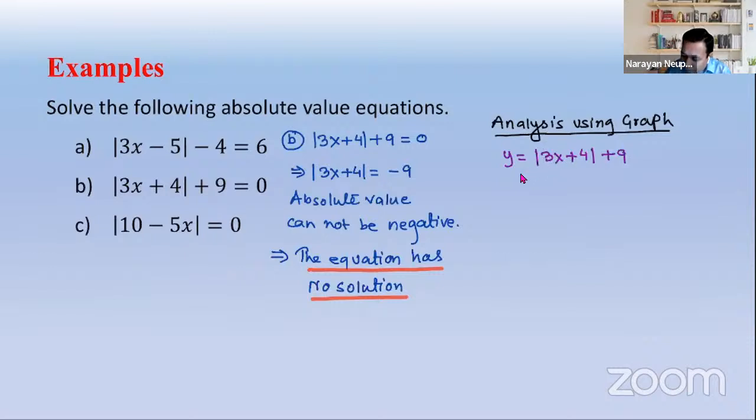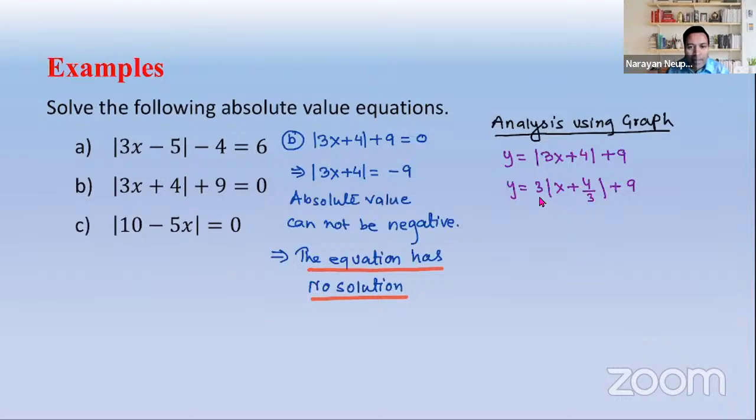So if you factor 3 out, then you will get x plus 4 over 3, plus 9. 4 over 3, because when you factor this 3 out, you are dividing 3x by 3, that is x. If you divide 4 by 3, it will be 4 over 3.